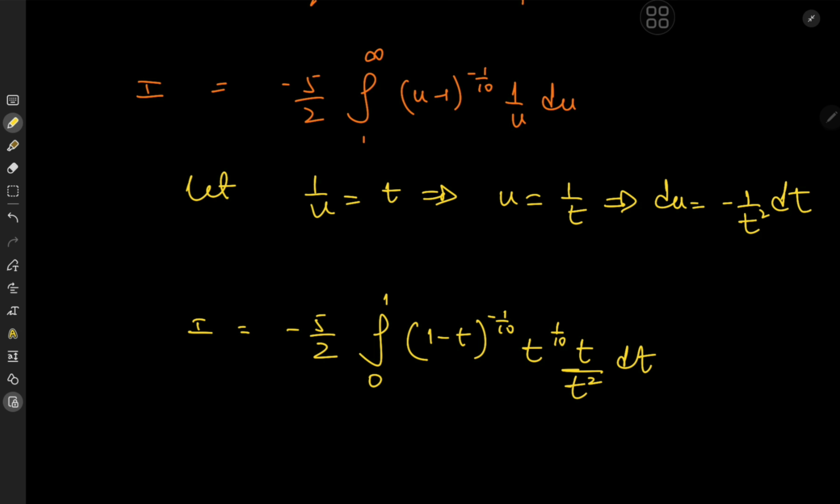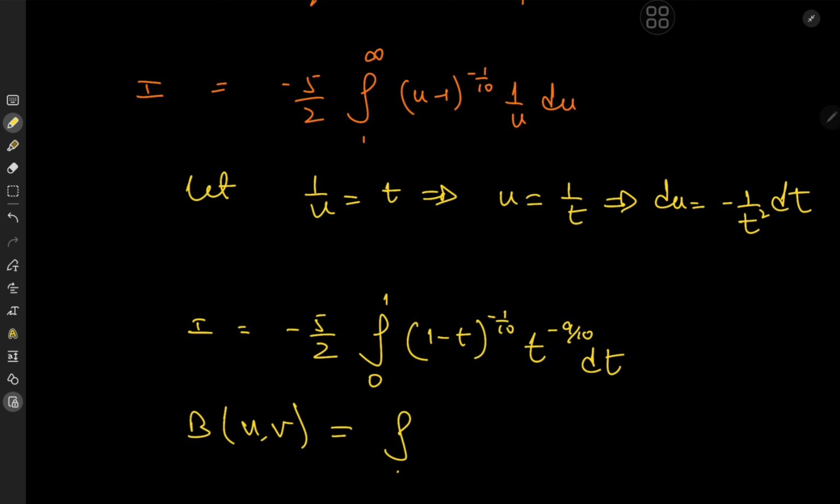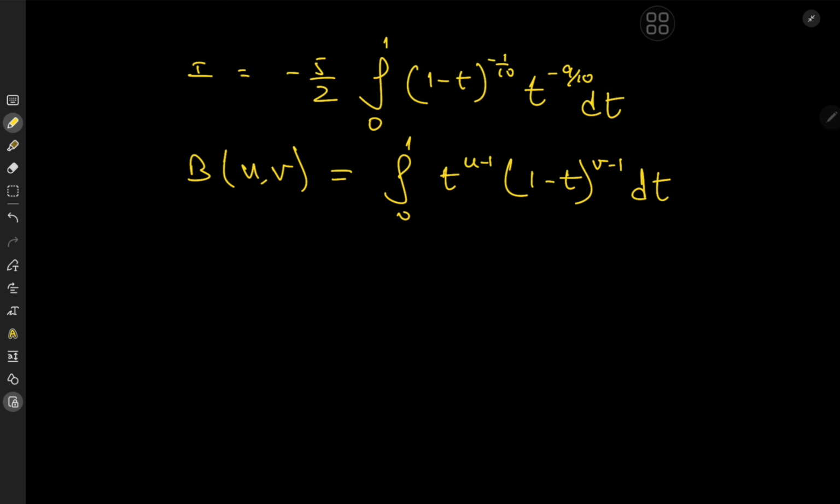So, performing the algebra over here, we have 1 over 10 minus 1, which is going to be minus 9/10, correct? And we have a familiar face here on the channel. What we have here is one of the integral forms of the beta function. That is the beta function with complex arguments u and v, defined as the integral from 0 to 1 of t^(u minus 1) times (1 minus t)^(v minus 1) dt.